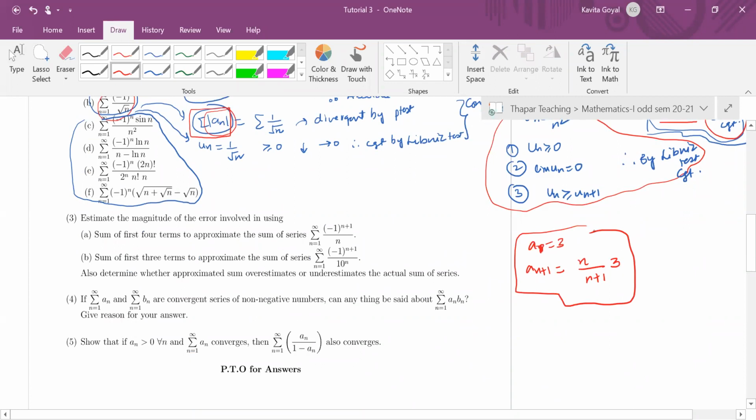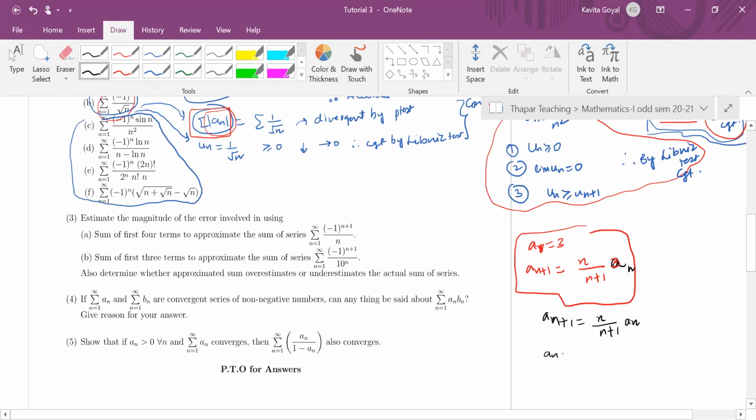Anybody? You are supposed to complete the tutorial sheet. If you have not asked me the doubts, already we have spent 2 tutorial classes on this particular sheet. So you should know how to do this problem. At least you should have tried. So you see here, a(n+1) is n upon n plus 1 an.